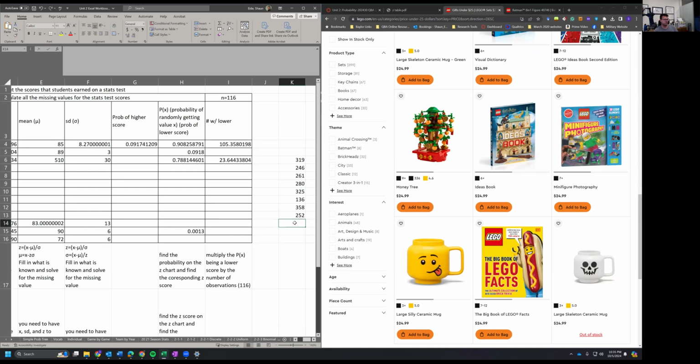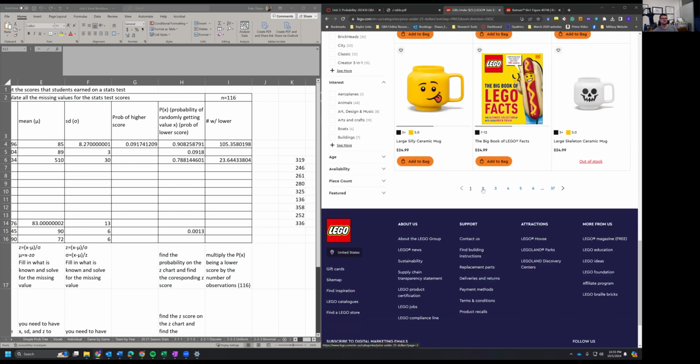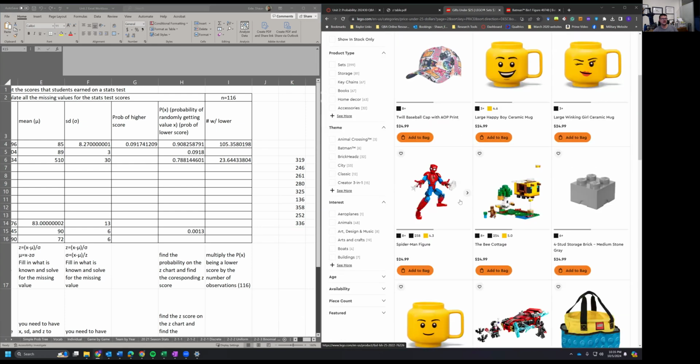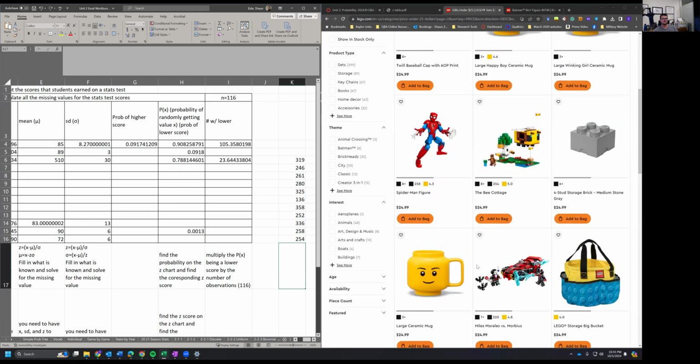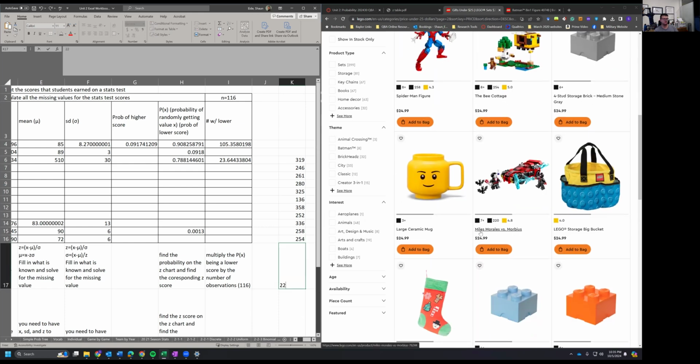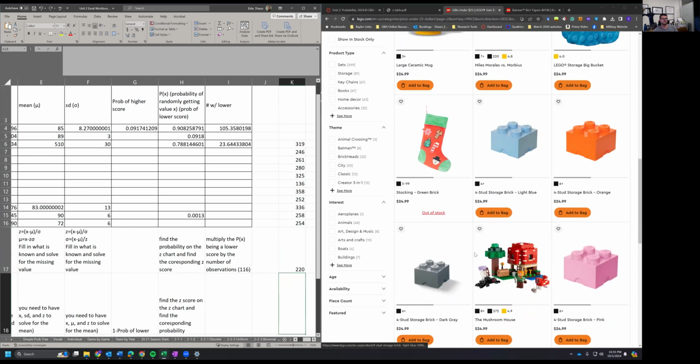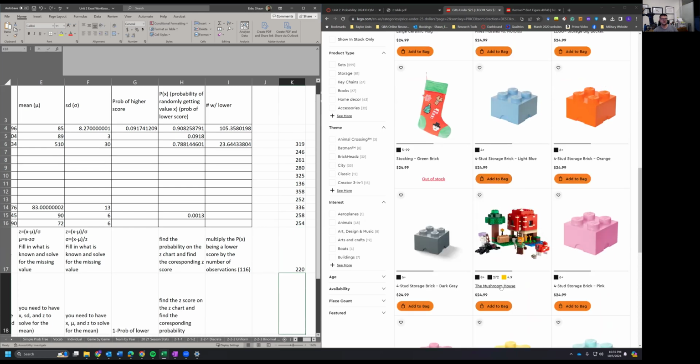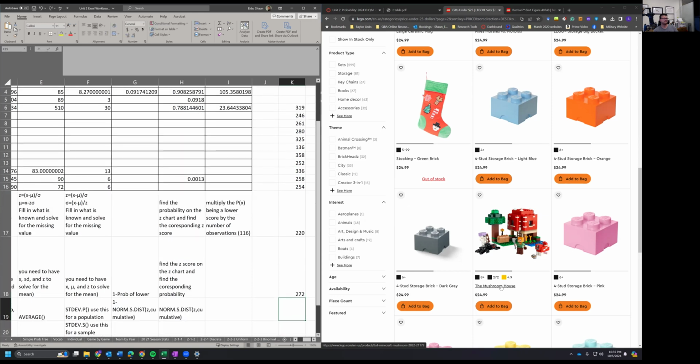These are all the exact same price. And keep going down. A lot of things that are 24.99, 258, 254, 220, 272, and we'll stop right there.